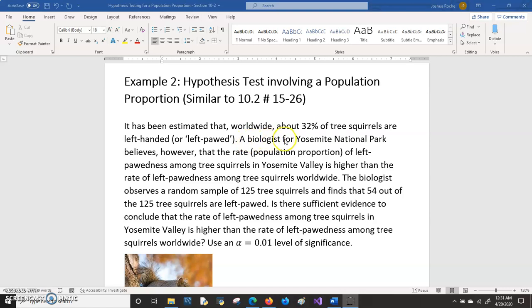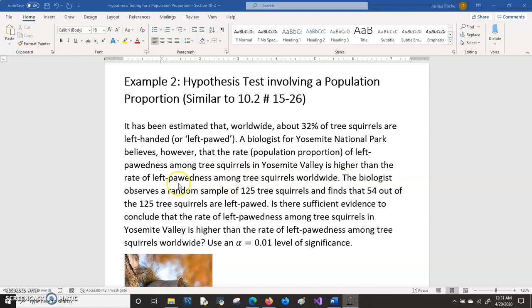A biologist for Yosemite National Park believes, however, that the rate, or in other words the population proportion, of left-pawedness among tree squirrels in Yosemite Valley is higher than the rate of left-pawedness among tree squirrels worldwide.